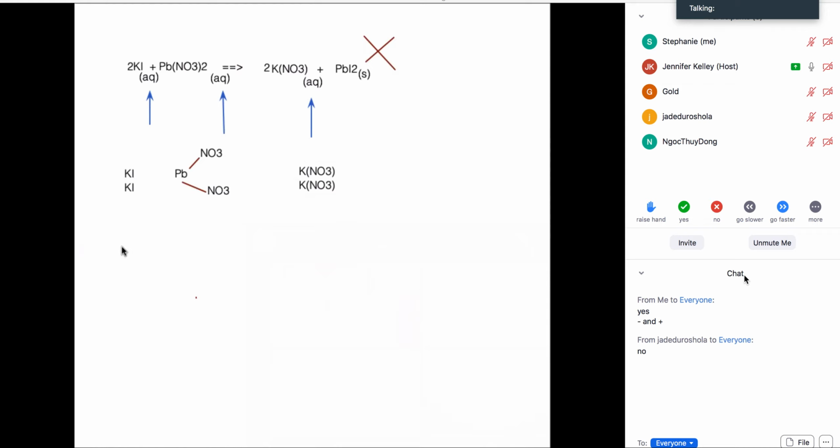So down here, if potassium iodide breaks into parts, I'm going to have 2 potassiums. And I'm going to have 2 iodides.